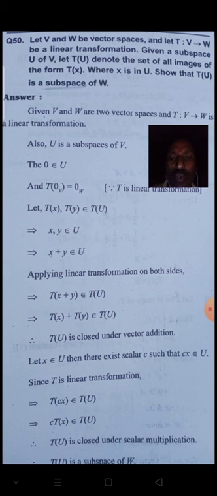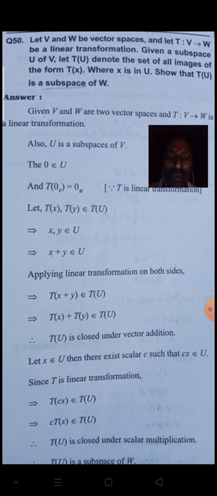Let x belong to U, then there exists a scalar c such that cx belongs to U. Since T is a linear transformation, this implies T of cx belongs to T of U, which implies c times T of x belongs to T of U. Therefore, T of U is closed under scalar multiplication.